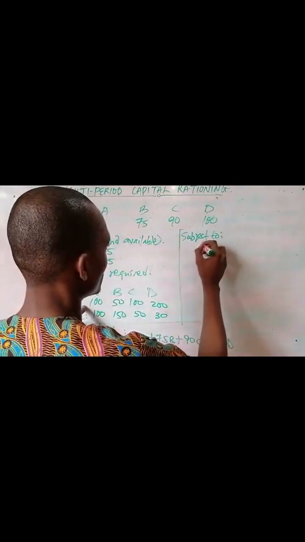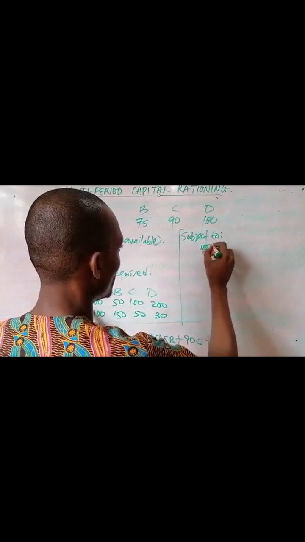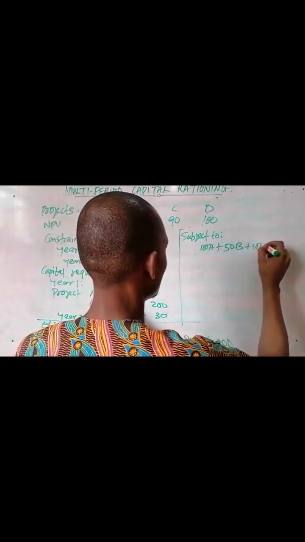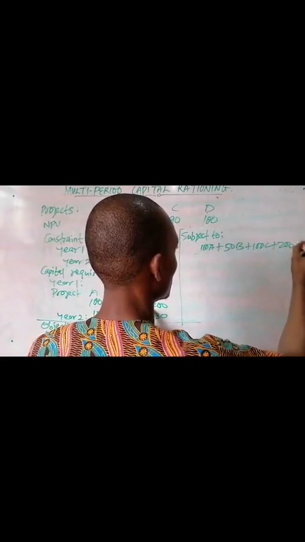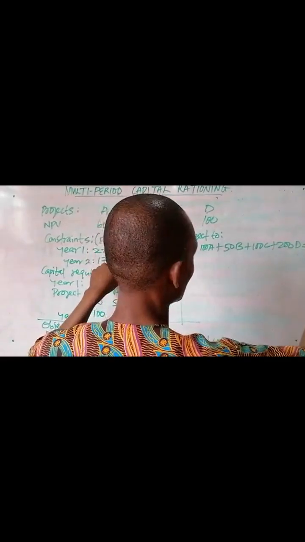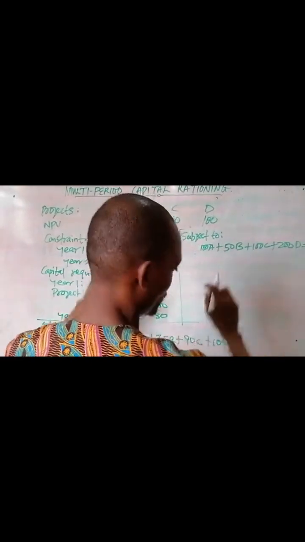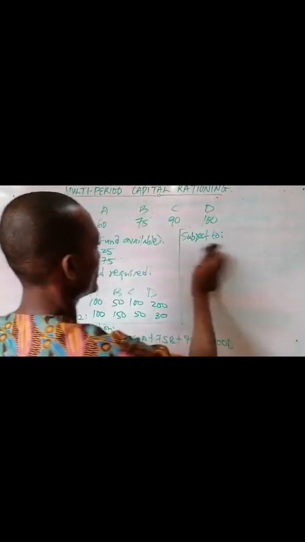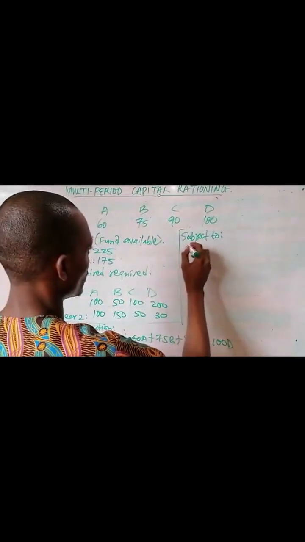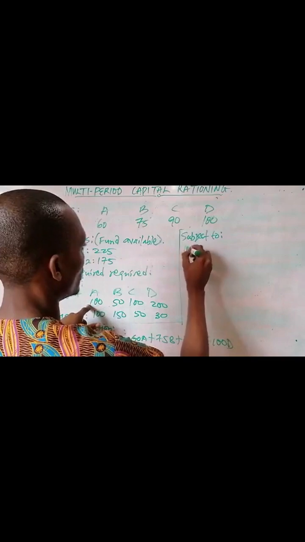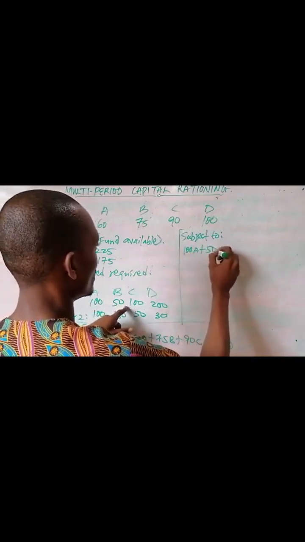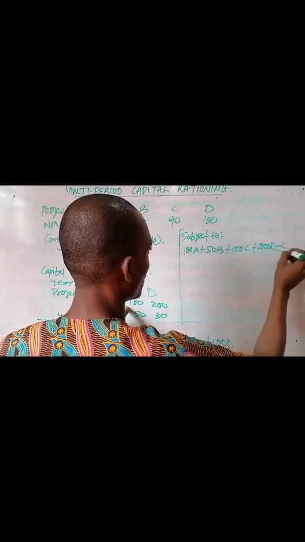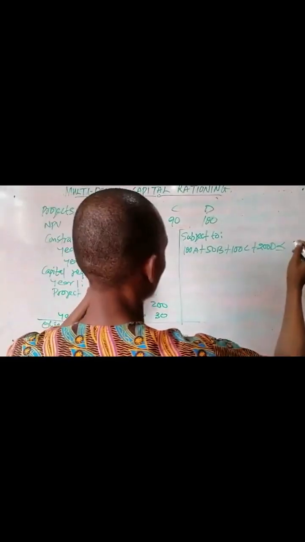So it will now be 100A plus 50B plus 100C plus 200D less than or equal to the fund available in year 1, that's 225.